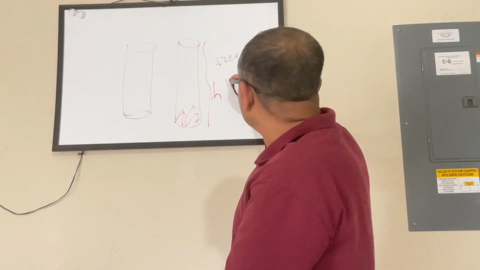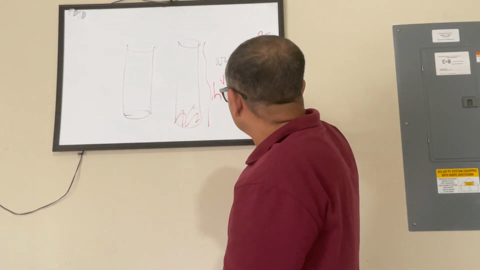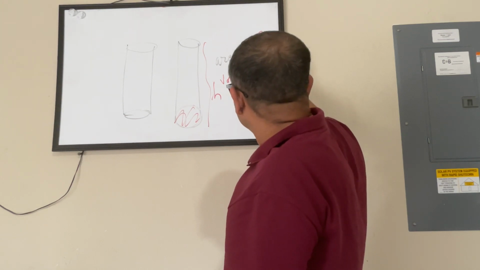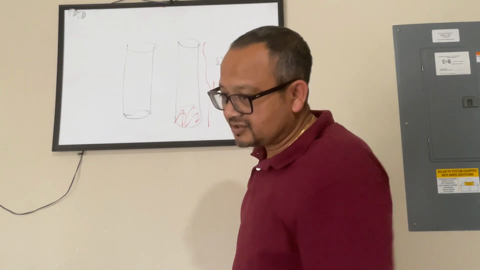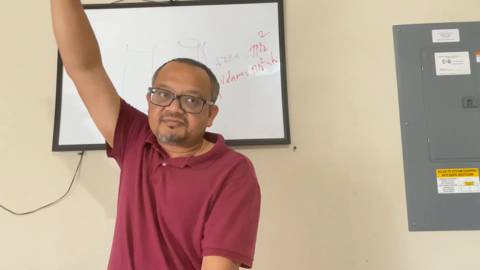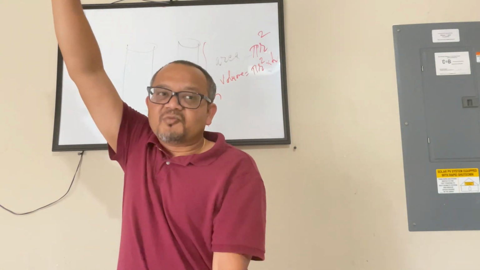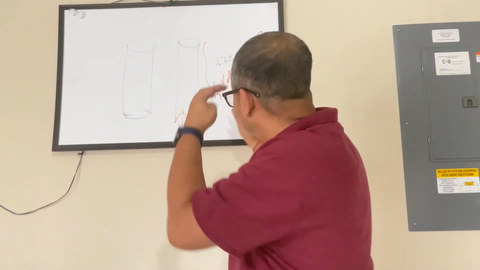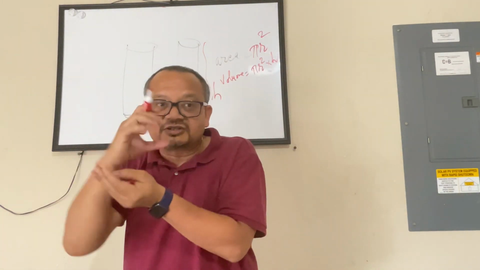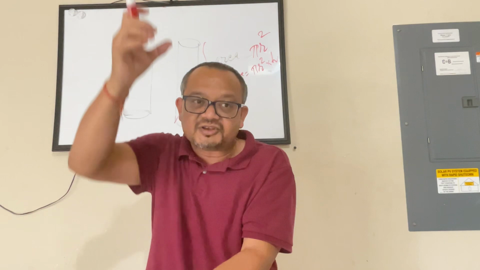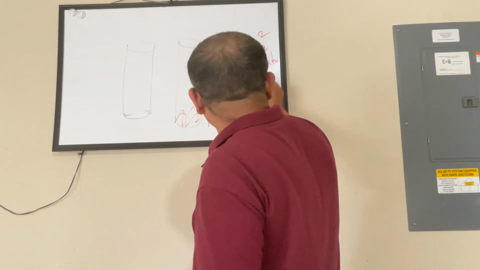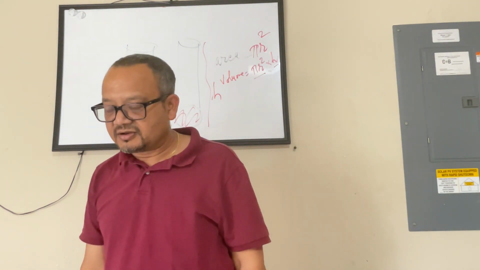If I multiply this area with the height, taller the cylinder, more the volume. Smaller the cylinder, lesser the volume. What is remaining constant is the area, the circle. You're just extending it or shrinking it. So area pi r squared multiplied by h gives you the volume of a cylinder.